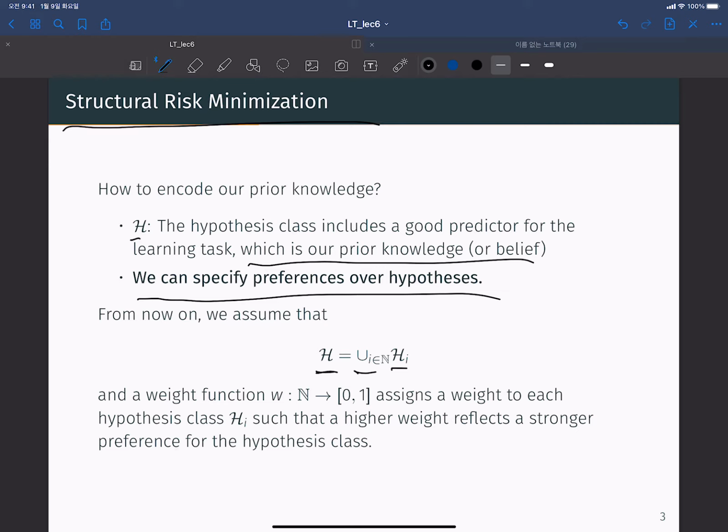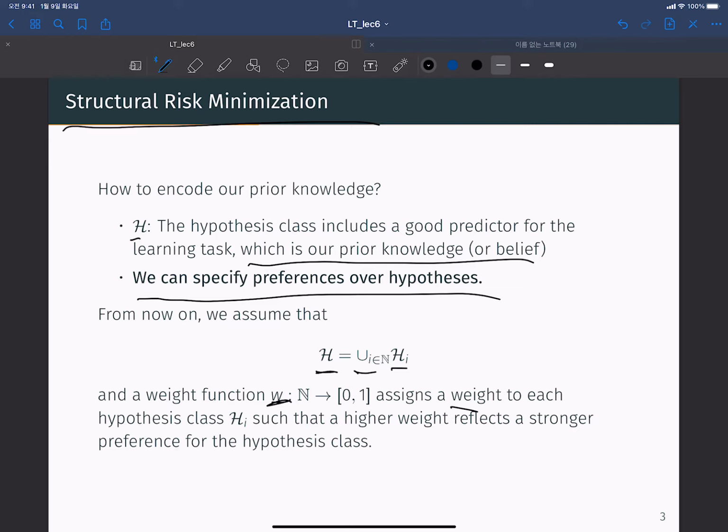And we know a weight function W that assigns a weight to each hypothesis class H_i, such that a higher weight reflects a stronger preference for the hypothesis class. So the W function is our prior knowledge over hypotheses.